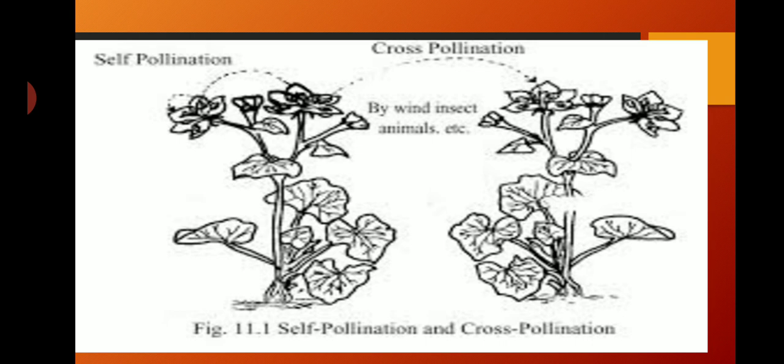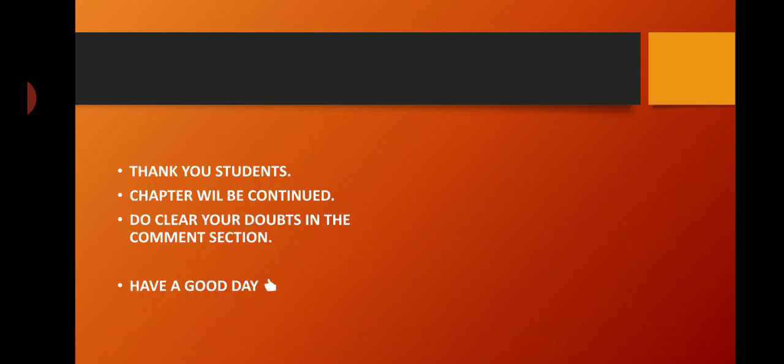This is the self-pollination. Coming to the next plant, that is cross-pollination. Cross-pollination is taking place from plant 1 by wind, insect, animal, etc. The pollen grain is carried to the flower of plant 2. So this is called cross-pollination. You can easily study the process by the given picture.